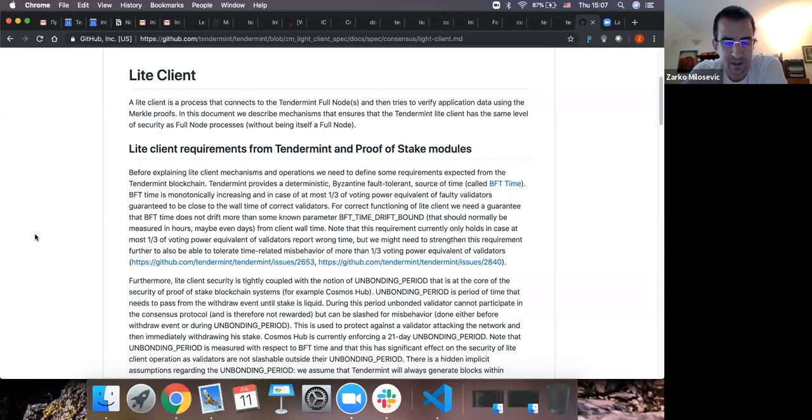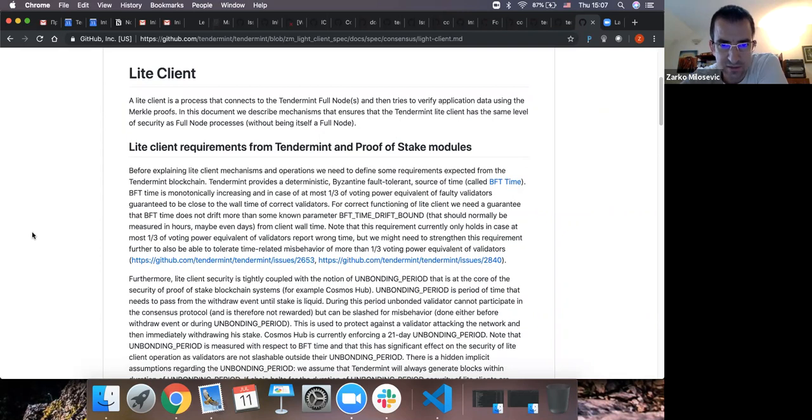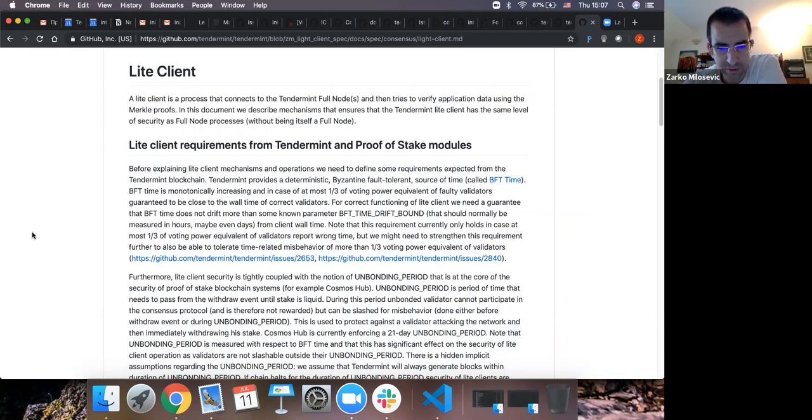And from this high level description, there are a lot of implications, which hopefully we will try to cover today. So the first thing is that when the light client connects to a system, it needs to figure out where it stands with respect to the concept known as the unbonding period.